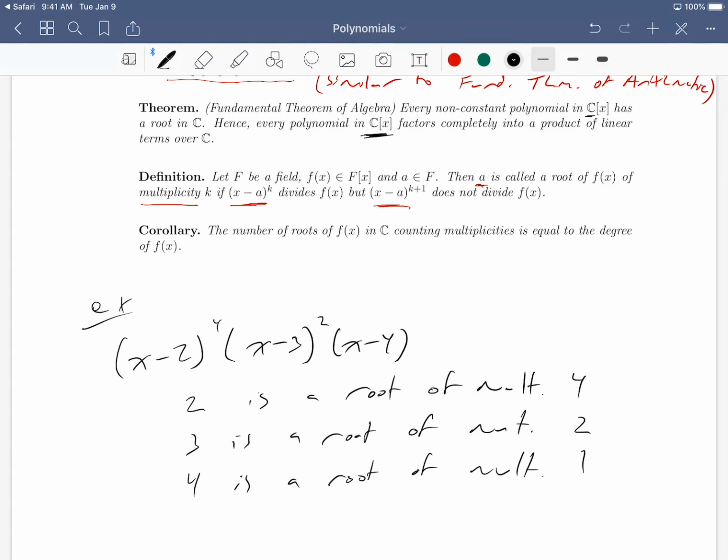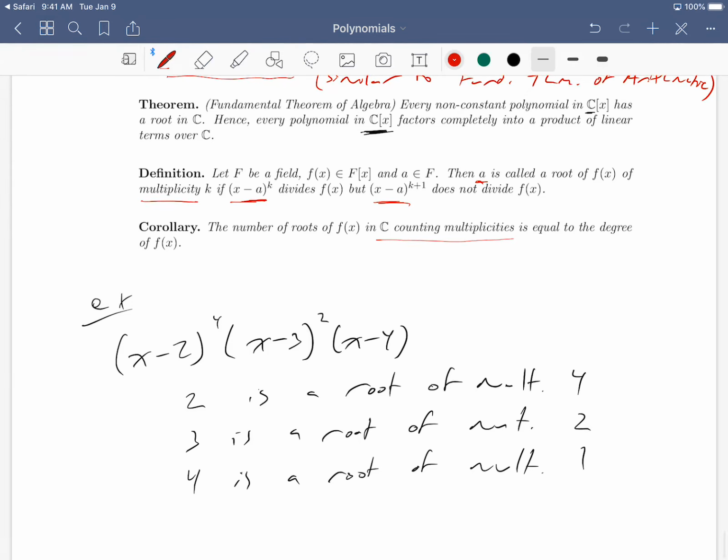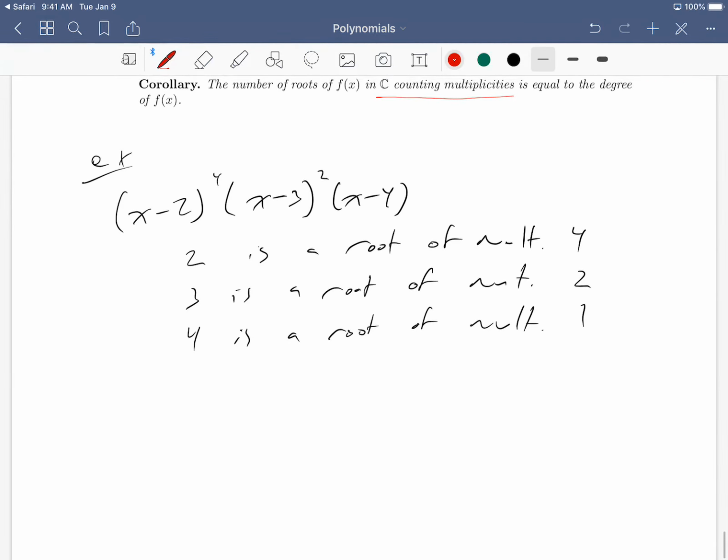And then our corollary to this fundamental theorem: the fundamental theorem said I could factor completely into a product of linear terms. And from there, what we can say is that the number of roots in C, counting multiplicities, is actually just equal to the degree of f. And so we see that in this example.